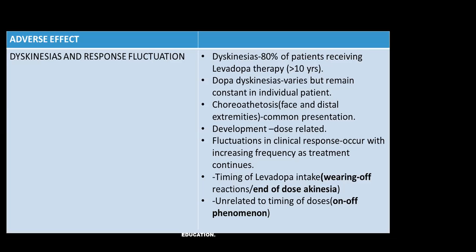Choreoathetosis in the face and distal extremities is a common presentation. Development is dose related. Fluctuations in clinical response occur with increasing frequency as treatment continues, including unpredictable fluctuations unrelated to the timing of doses, known as on-off phenomena. Next slide.